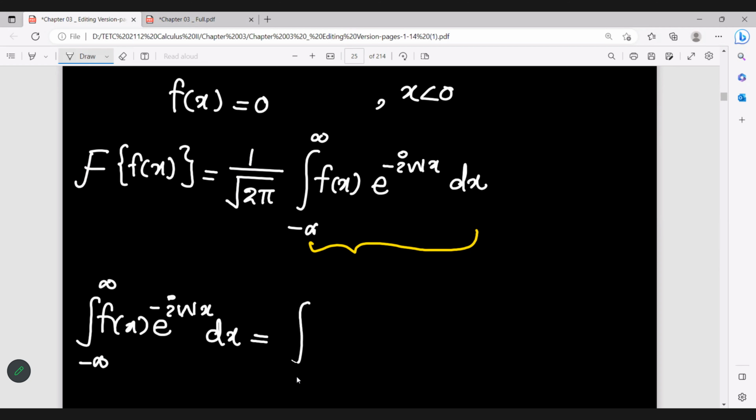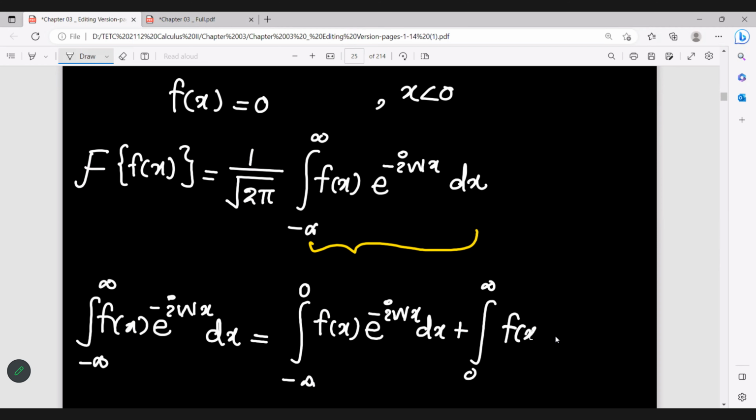This is equal to the integral from minus infinity to 0 of f of x e to the power minus iwx dx plus the integral from 0 to infinity of f of x e to the power minus iwx dx.